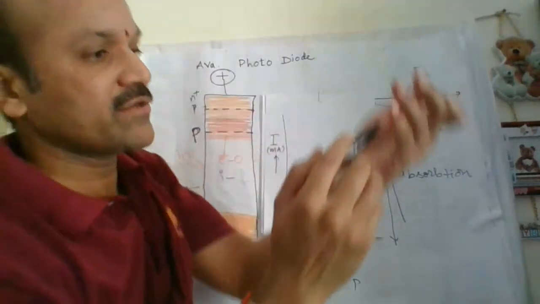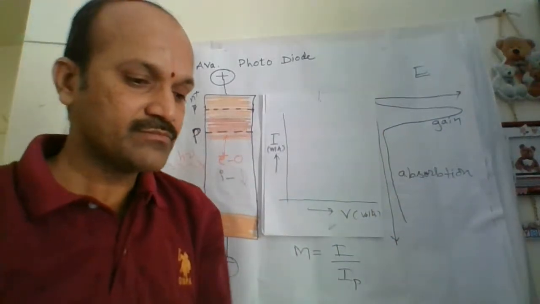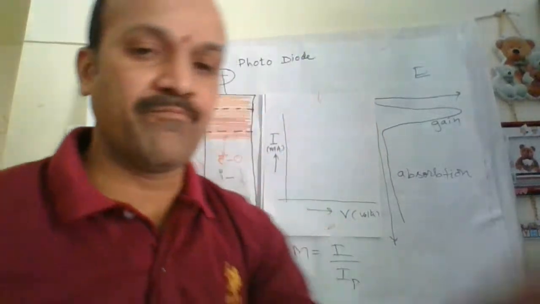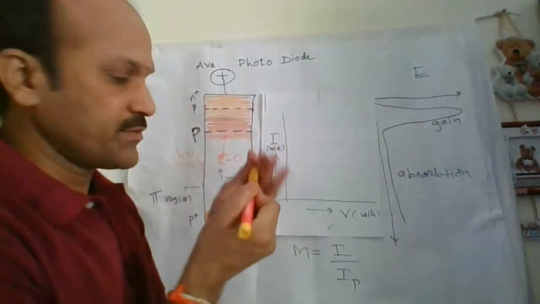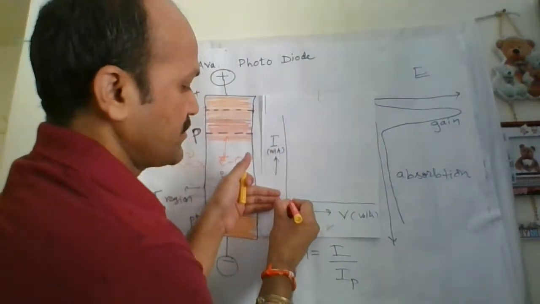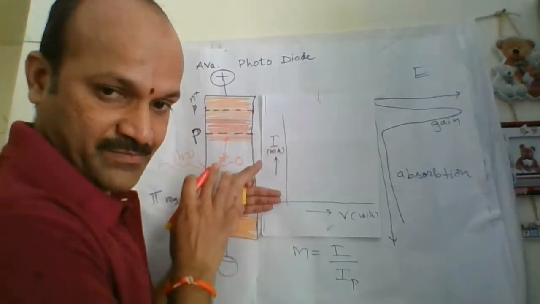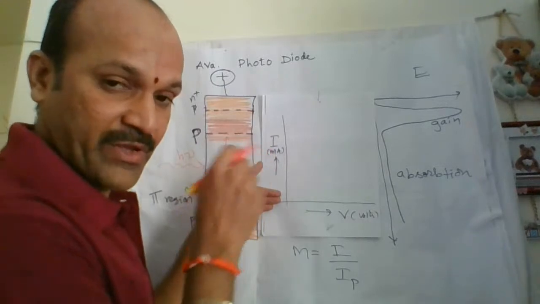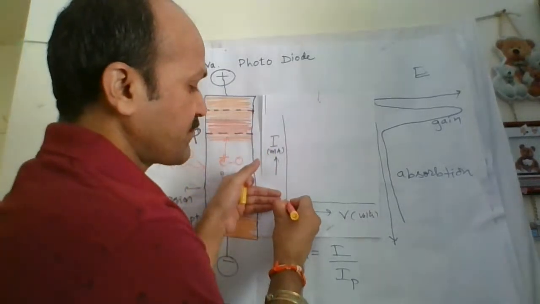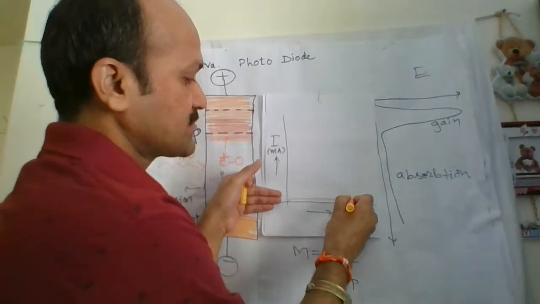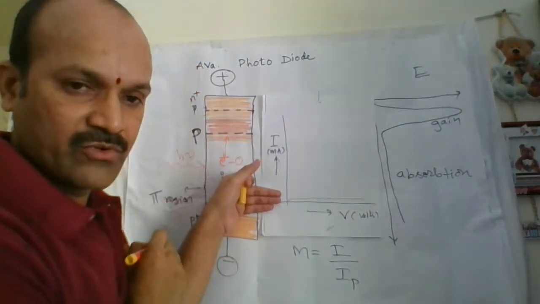So initially you can find that before incidence of any light, any photon on the PIN diode, you find a curve like this. Are you able to see it?